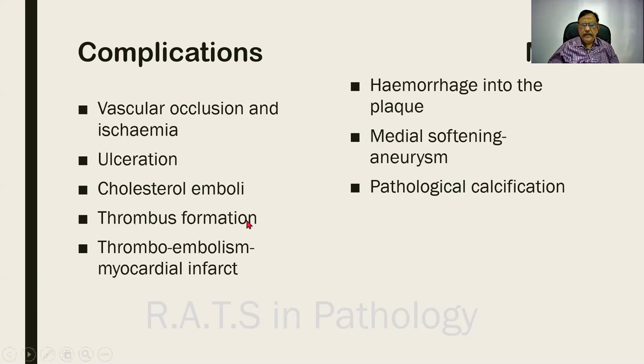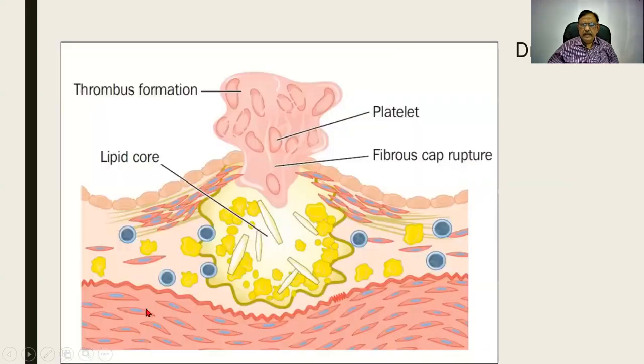Thrombus formation, again denoted in the previous picture, is one of the most important complications. Once there is a thrombus, always remember embolism. Thrombus and embolism go hand in hand. It can lead to a myocardial infarction or a cerebral infarct. Hemorrhage into the plaque. So you find that these will be having vasculature that is coming inside. That can be the blood flow inside. And once there is an erosion, there can be a hemorrhage into the atheromatous plaque.